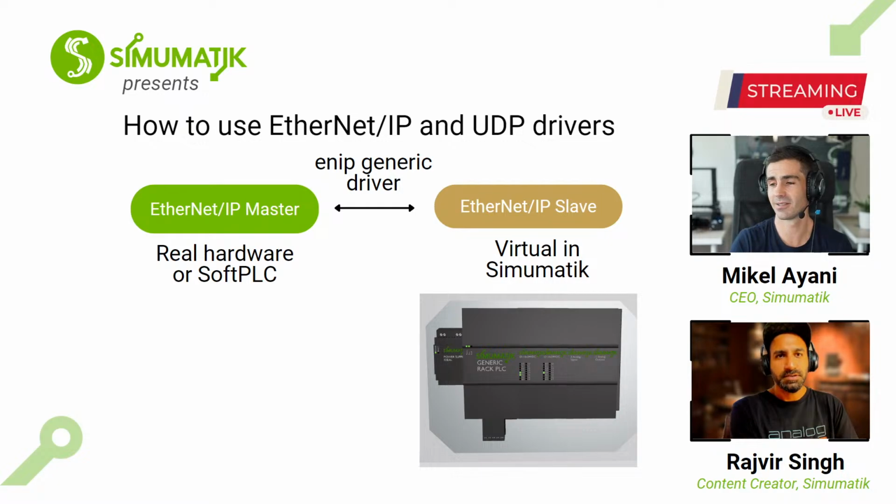So here the real hardware is going to imagine it's actually a real Ethernet slave. Yes, using Simumatik. So the cool thing here is that in order to achieve the emulation of the slaves, we need to take over the IP address of that slave, or the IP address that slave will have in reality. And I'm going to show you how we do that in a moment.